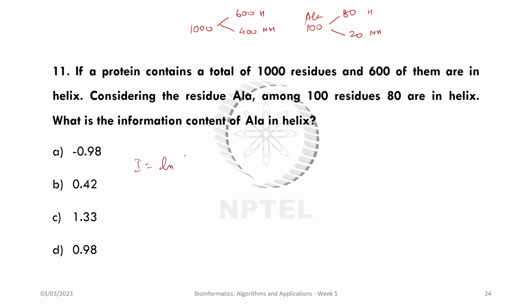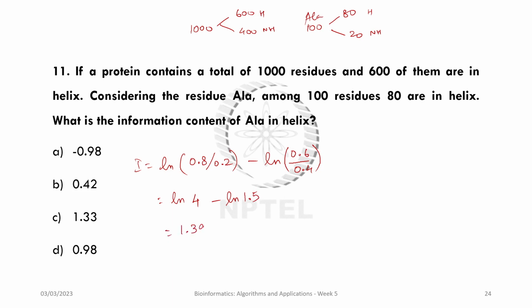So I is equal to ln of 0.8 by 0.2 minus ln of 0.6 by 0.4, which is equal to ln of 4 minus ln of 1.5.